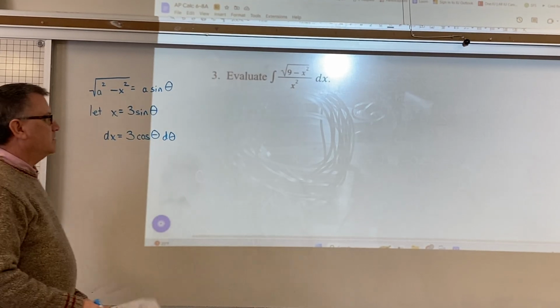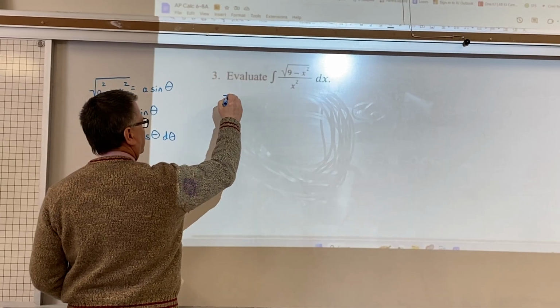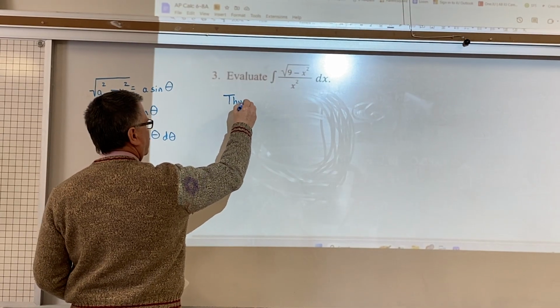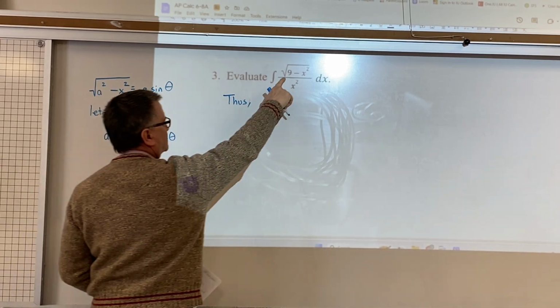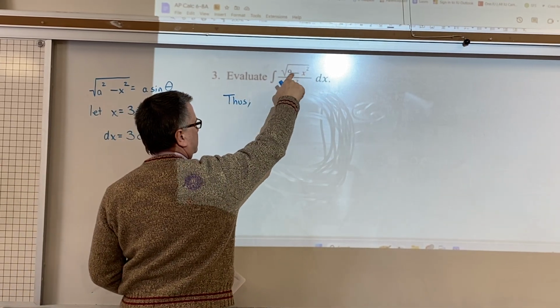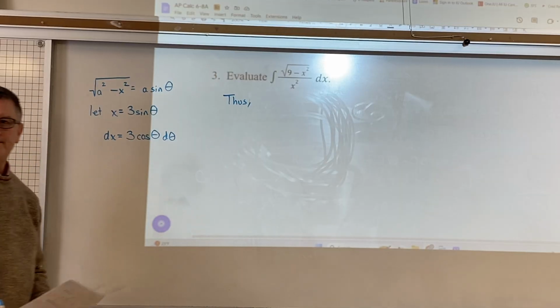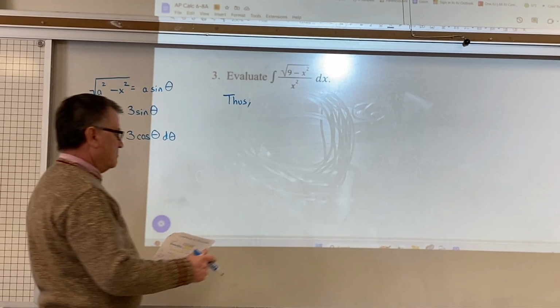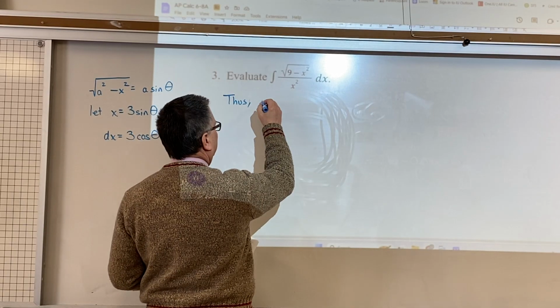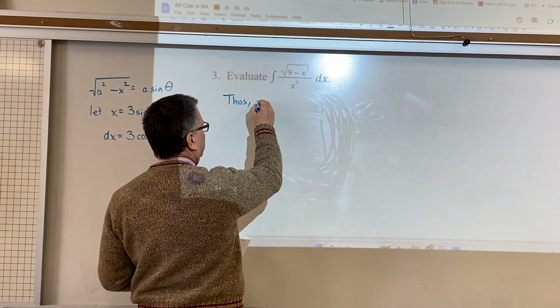Okay, so now I'm gonna go back over here. The reason I did this off to the side is because I saw the square root of two things being squared. 3 squared is 9, and of course x squared is x squared. So in the top here, look what I get before I put it back here.